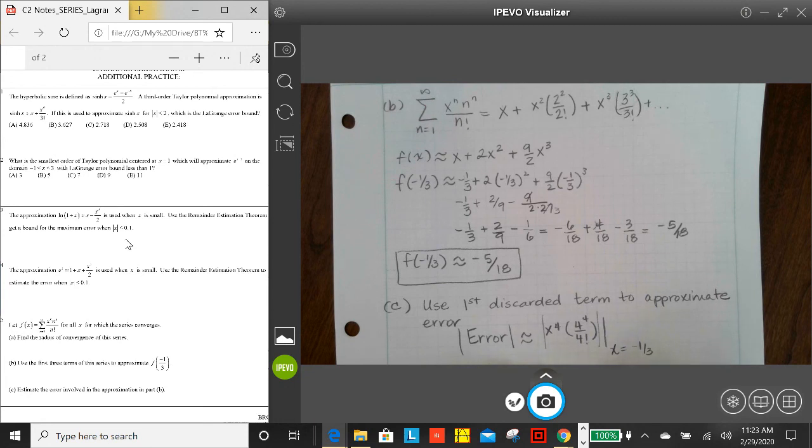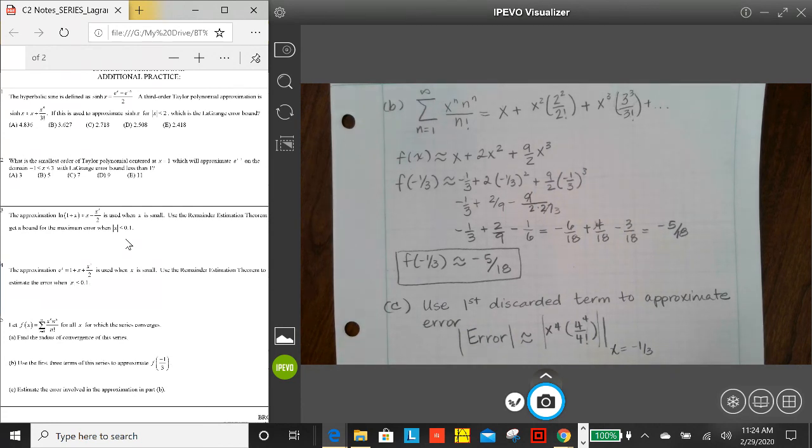Times 4 to the fourth, which is really going to be 4 to the third over 3 factorial, because one of the fours will cancel. Which is going to be equal to 1 over 81 times 64 over 6.